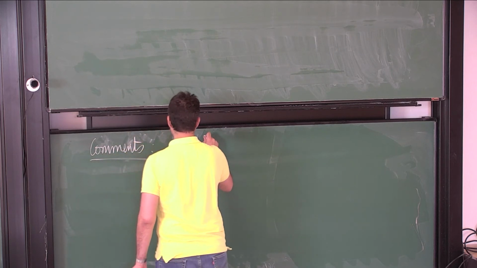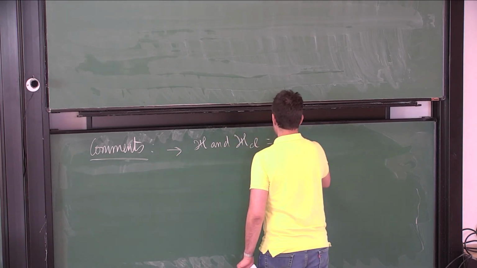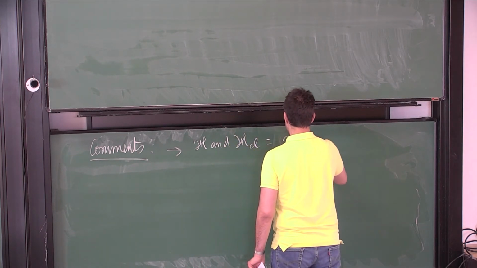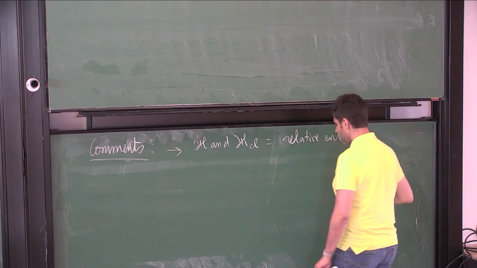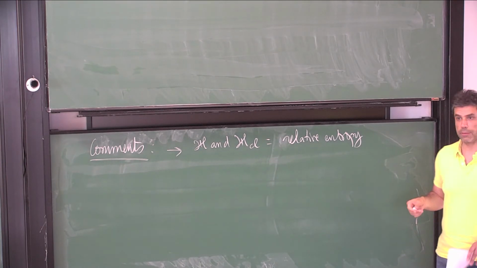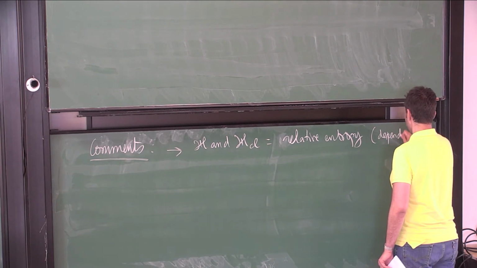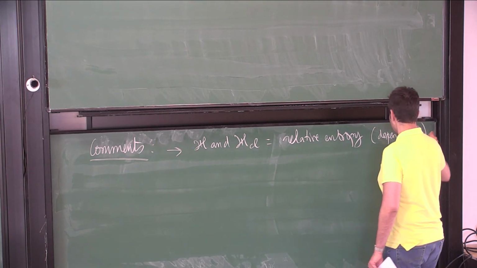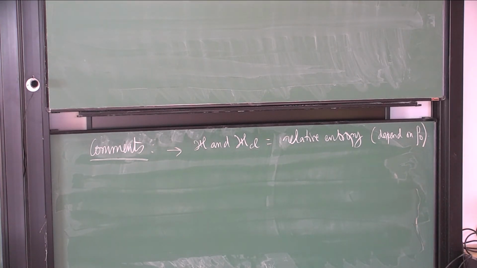So first, H and H_cl, that's the relative entropy, which I will define later. This will be the first thing I will do after the comments. And they depend on F0. So for mu and T, and whether you do Maxwell or Fermi-Dirac, there is a corresponding relative entropy. So it's really F0 dependent.